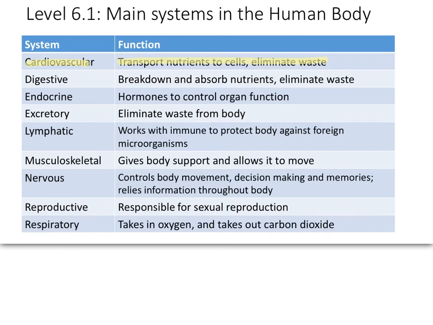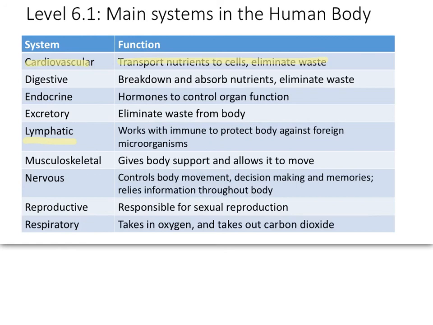Our fifth is our lymphatic system. The lymphatic system works with our immune system to protect the body against foreign microorganisms. So pretty much when you are getting sick, your lymphatic system is working on overdrive to prevent you from getting sicker. Our next is our musculoskeletal system.